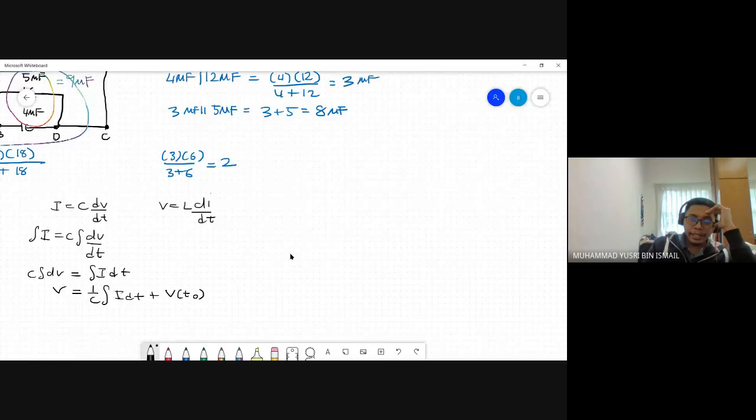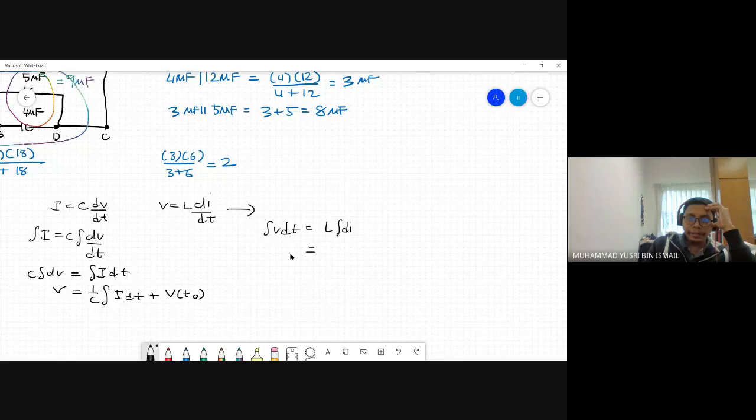Then for L di over dt, integration of V equals L integration of di over dt. We bring dt up to the other side, so V dt equals L di.